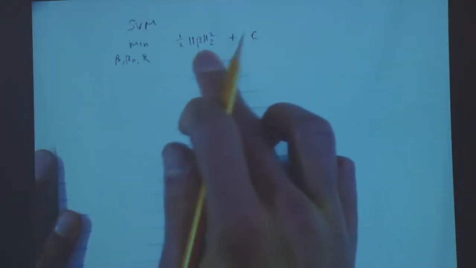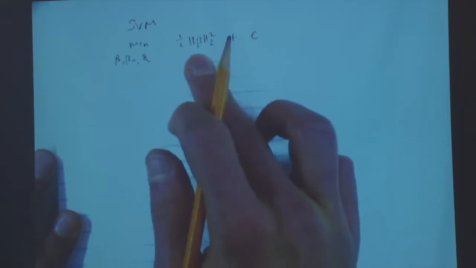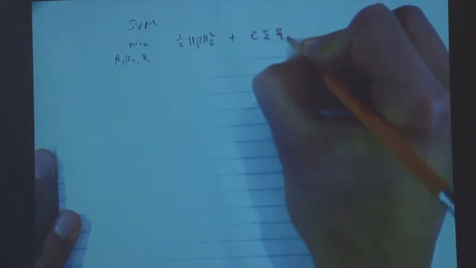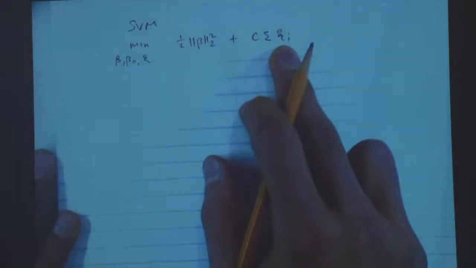So the criterion is to minimize the margin of the hyperplane, which ends up being the norm of beta squared, plus a penalty on having points on the wrong side of the margin, or the wrong side of the hyperplane. That's this psi i variable.